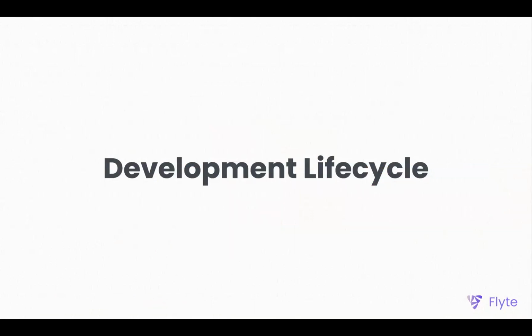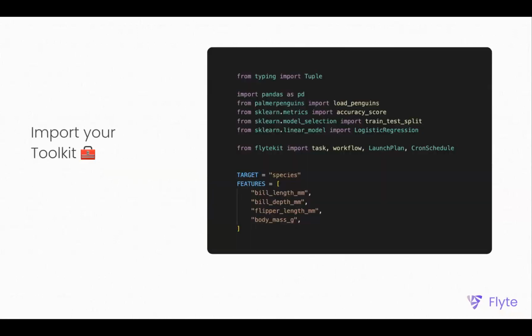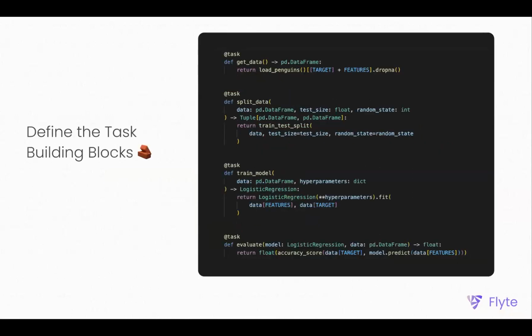So with that model setup in mind, I want to give you a sense of the development lifecycle in Flyte. The first thing you do, like with any other project, is import your toolkit. So here we're going to use sklearn, Flytekit, obviously, and pandas for our data. Then we define the task building blocks. Each of these functions are just plain Python functions that I've decorated with the @task decorator.